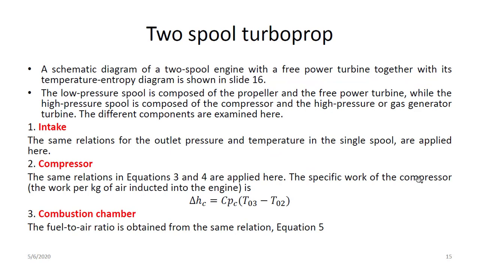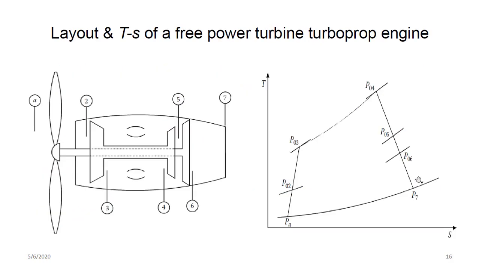All right. So what we've looked at so far was for a single spool, single shaft engine. Now let's look at a two shaft or two spool engine. So in this slide, this is a two spool engine. You can tell from here that this engine has two compressors.